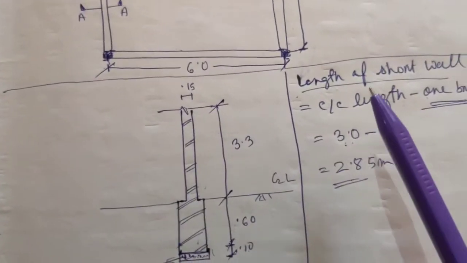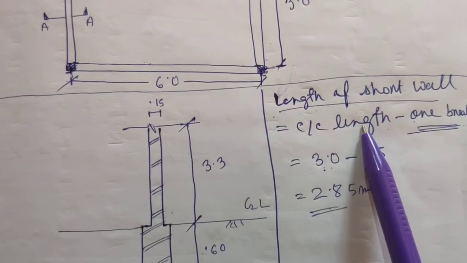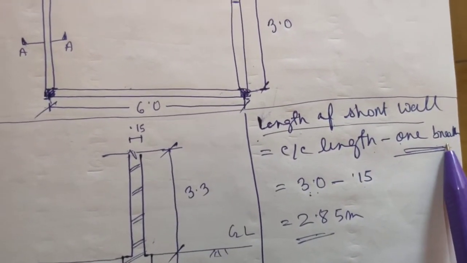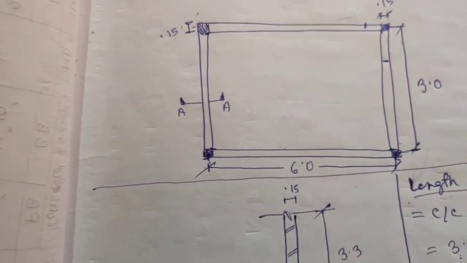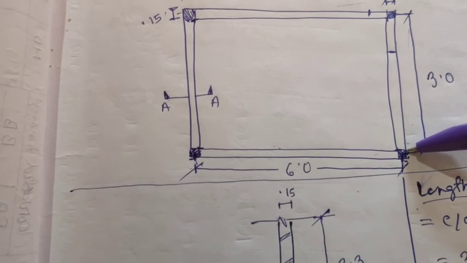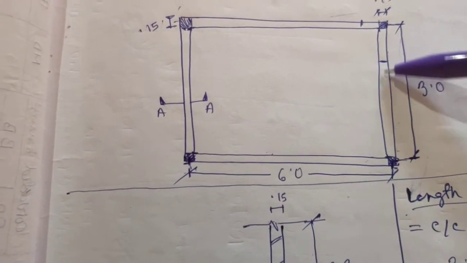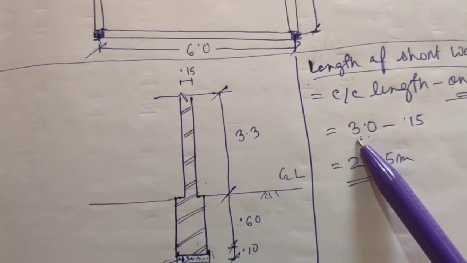So how are we going to find out the length of the long wall and short wall? See, this is the formula to find out the length of the short wall: center to center length of the short wall minus one breadth. Suppose this is the superstructure wall, and the center to center length of the short wall is 3 meter.